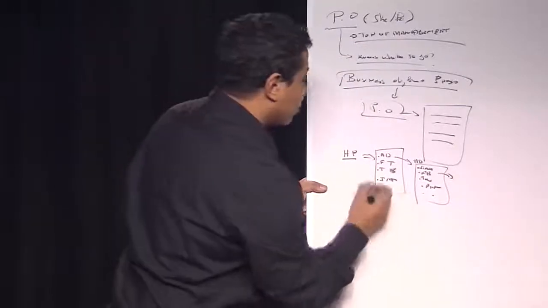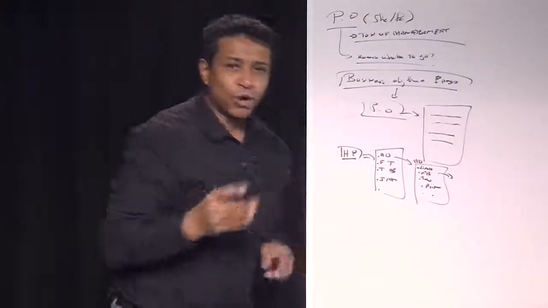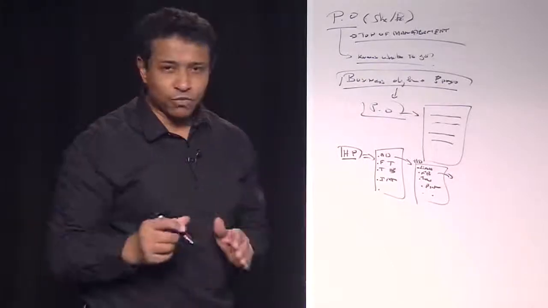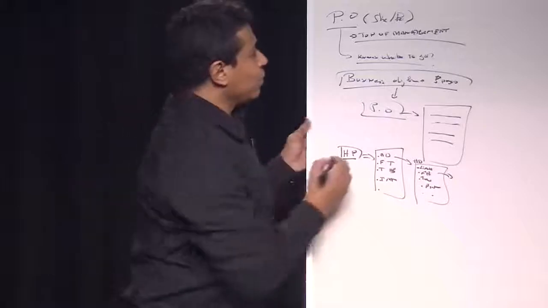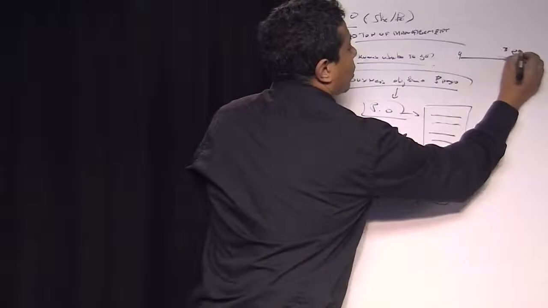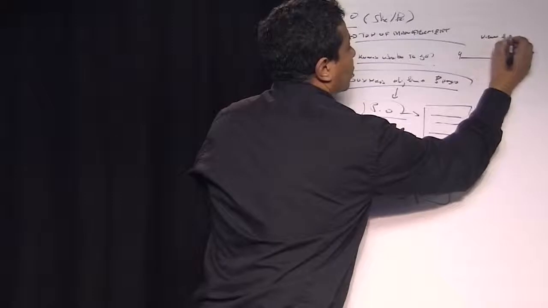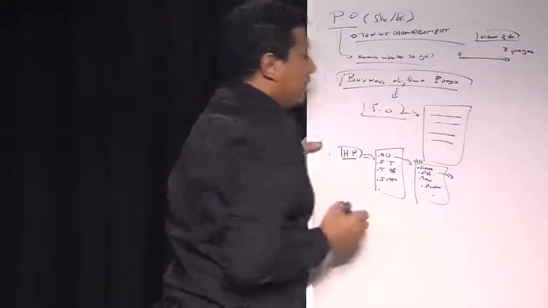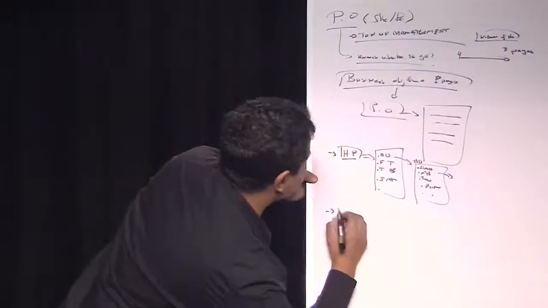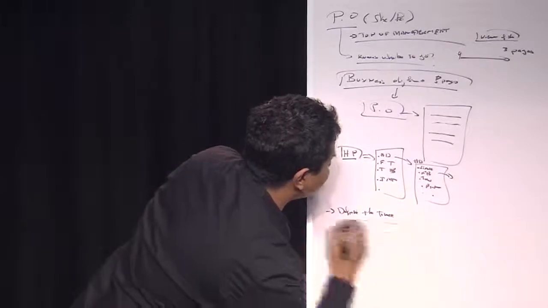So the product owner, his or her role is to get an overview of the project, to know that we have to go from 0 to the 3 pages. This is the view of the product owner. So he's got to define this, and he's got to define the time.